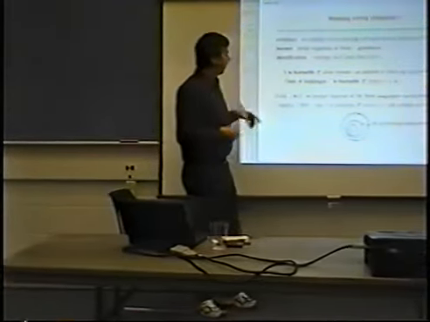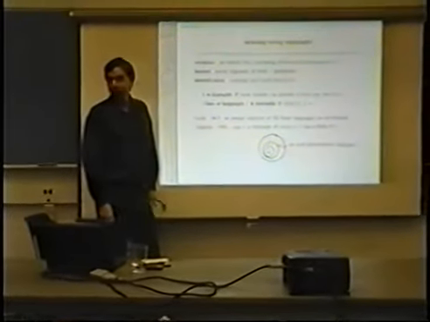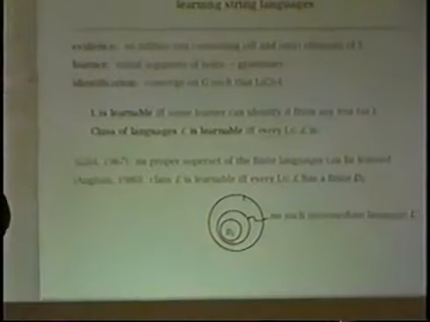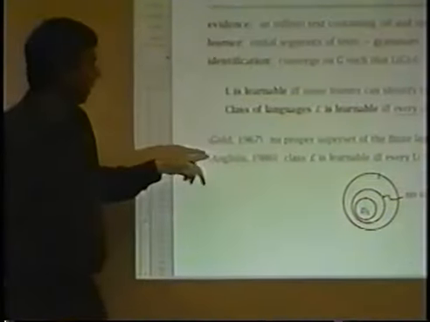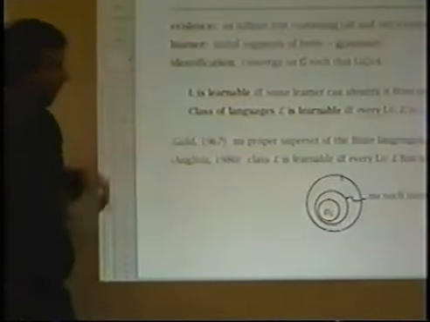So this learning setup has been studied very extensively, and in 1980, Dana Angluin proved this result, which characterizes the learnable languages in a non-trivial way. A class of languages is learnable in this setup just in case every language has a certain property.